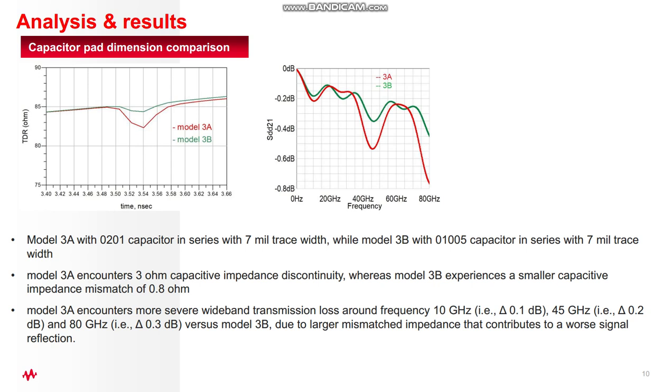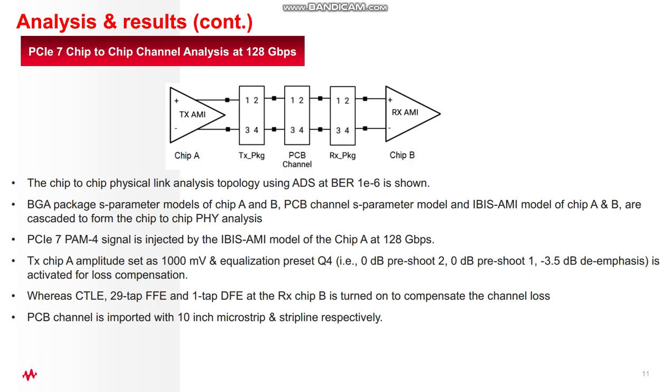Model 3A encounters more severe wideband transmission loss around the frequency 10 GHz, delta 0.1 dB, 42 GHz around 0.2 dB, and 80 GHz around 0.3 dB versus Model 3B, due to a larger mismatch impedance that contributes to the worse signal reflection.